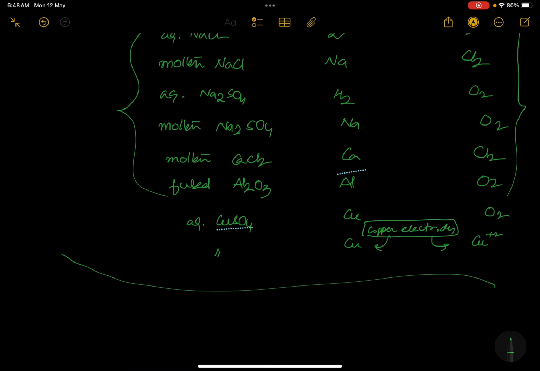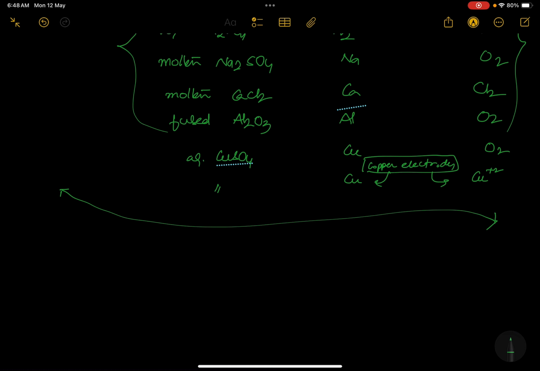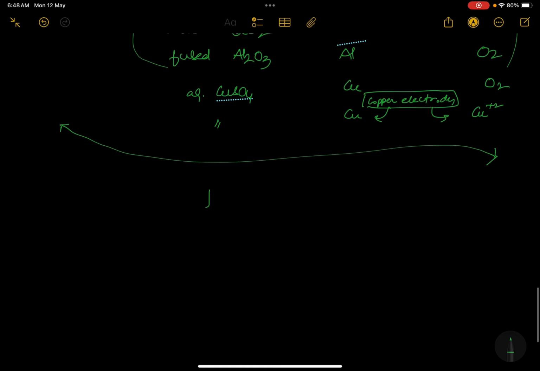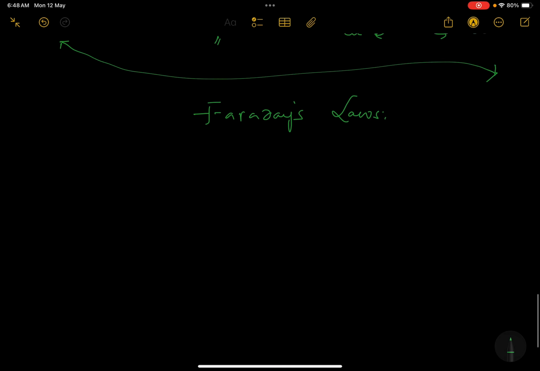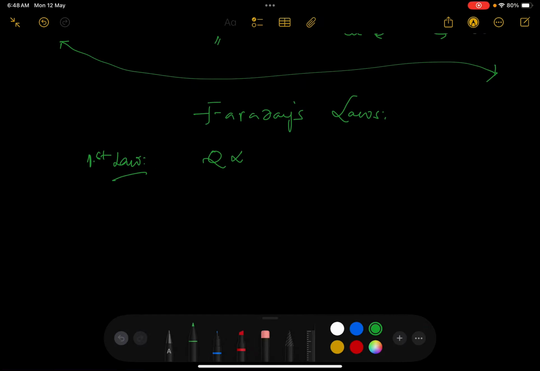This is the first part of electrolysis. After this, one more part is there, that is Faraday's laws. Two laws are there. The first law of Faraday is that M is directly proportional to Q. Very simple: your marks are directly proportional to your studies.